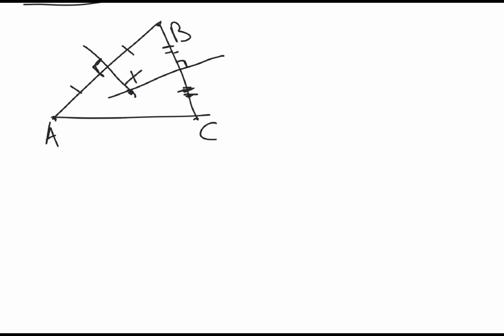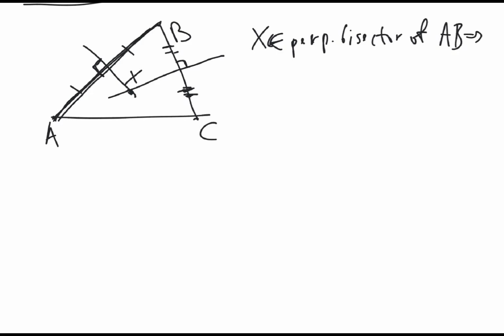So from the property of the perpendicular bisectors that I mentioned, since X belongs to the perpendicular bisector of AB, it follows that XA is equal to XB, right?